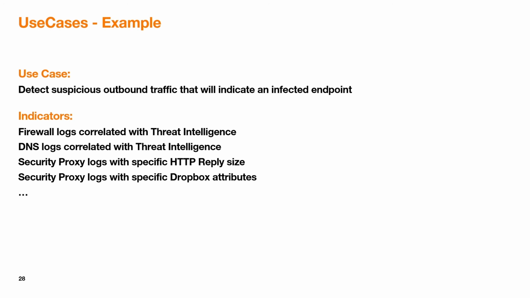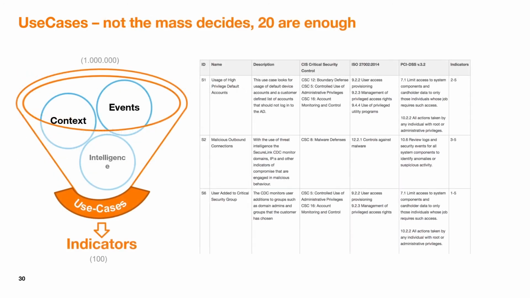That's the easiest indicator to implement, because here the information is directly in the log, in the alert. Or you have to do a correlation with DNS, for example, or the proxy logs, where you can use the size of an outbound HTTP traffic as an indicator. So you see, it's a couple of indicators just for a single use case.